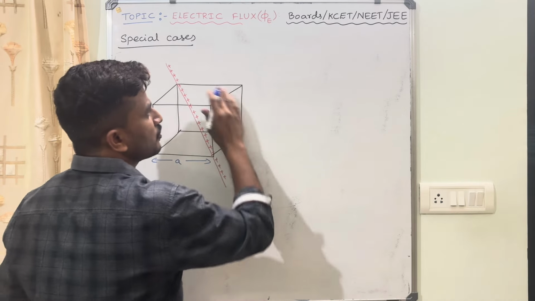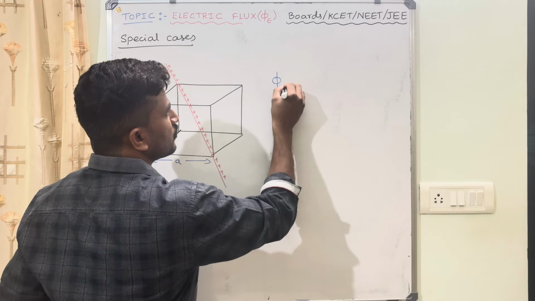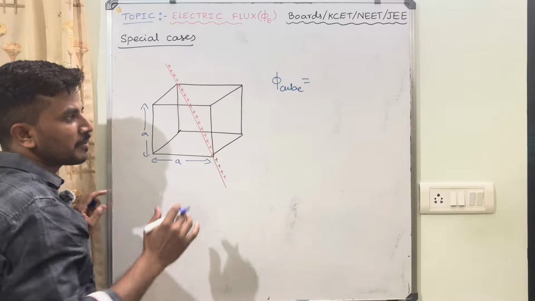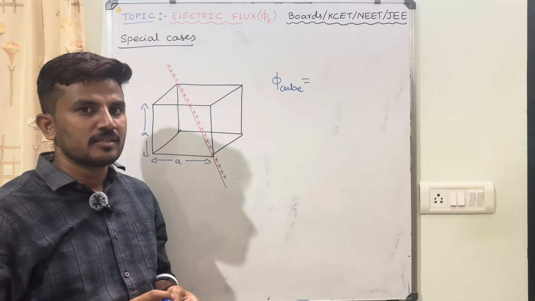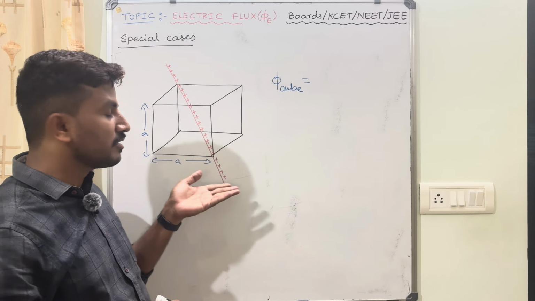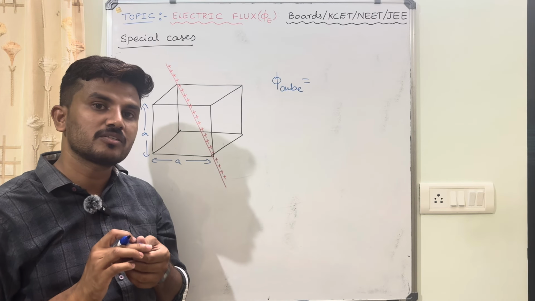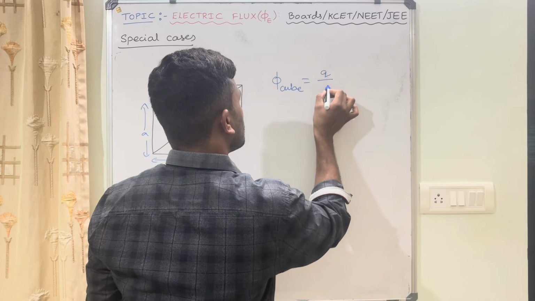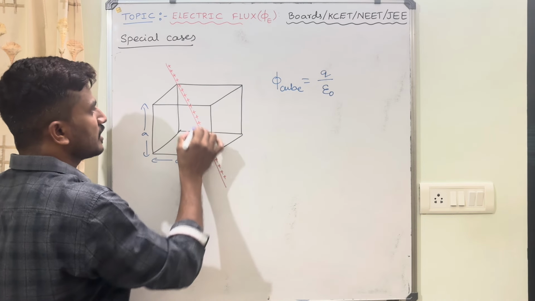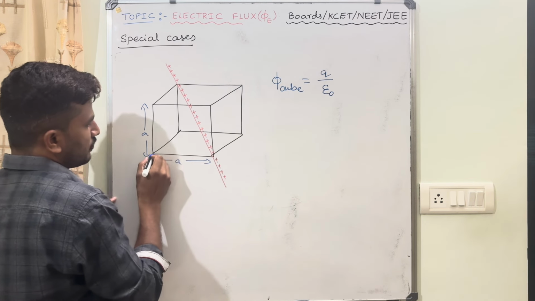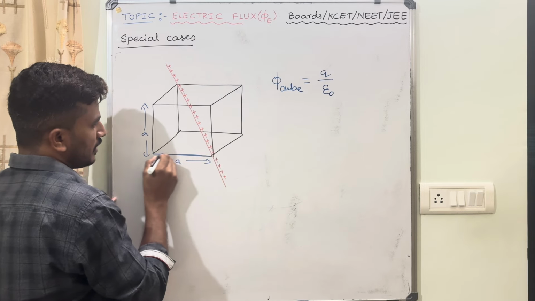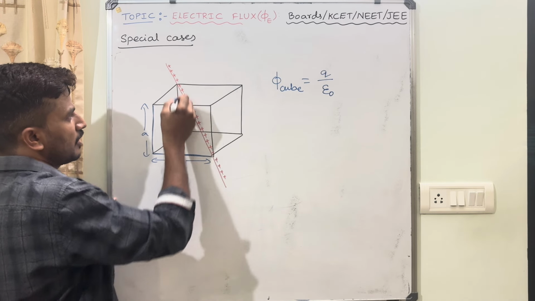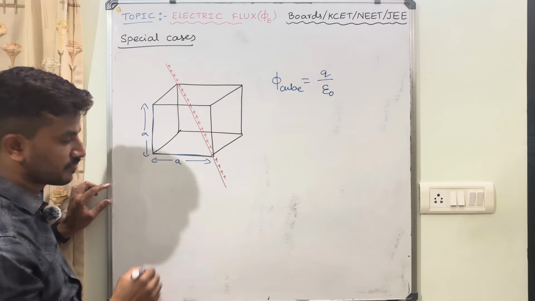Now they will ask you to find out the electric flux through the cube. That is given by what? Charge enclosed divided by epsilon naught. But here a wire is given. How to calculate the charge? Very simple. Write this formula: charge enclosed divided by epsilon naught. You have studied that if the side of this cube is A, what is the length of the diagonal?